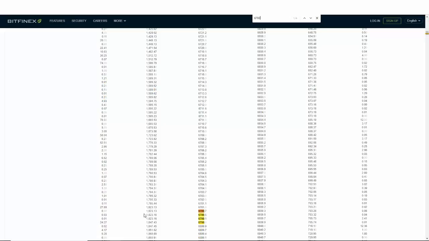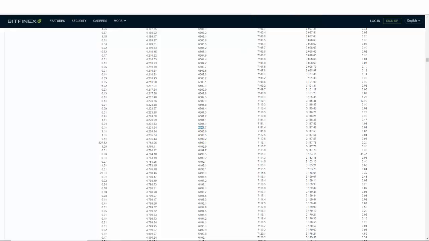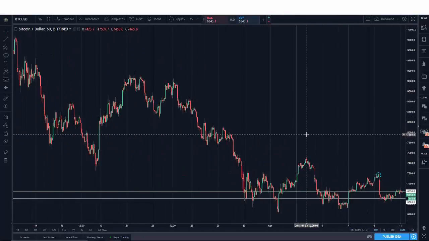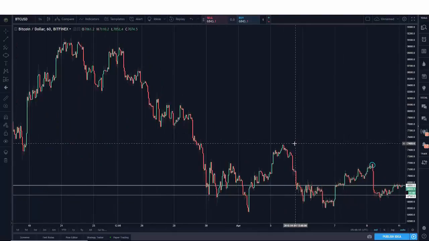We can easily jump down and identify all of the areas that other traders are looking at. And we can expect that once price is ready to move in a specific direction, there's going to be some quick and powerful movements.